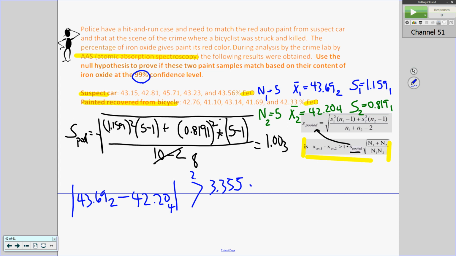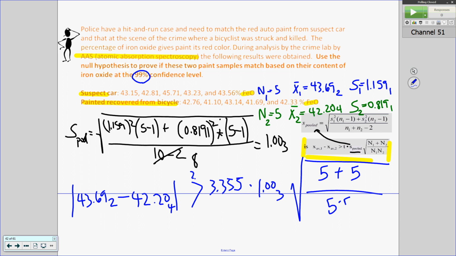My pooled standard deviation, we said, was 1.003, times the square root of 5 plus 5 divided by 5 times 5. Okay, so let's see what this number is on the right.